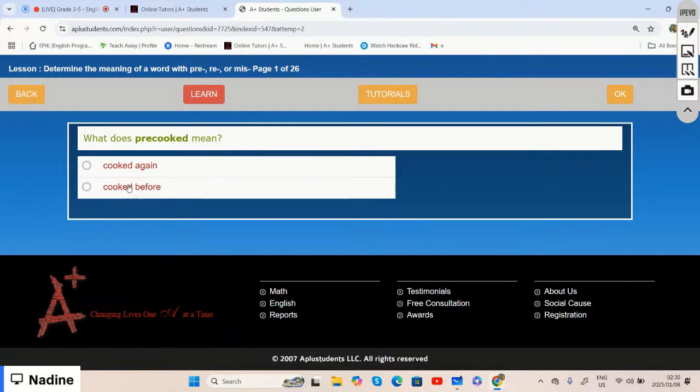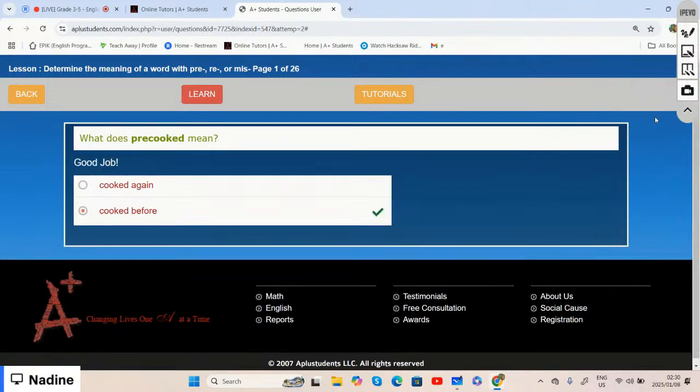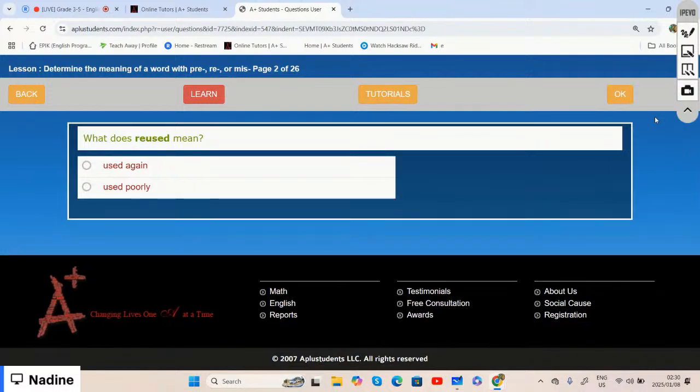All right. So pre-cooked, is that to cook again? Yes, and we can say it is option two, to cook before. Because remember we said pre means before.